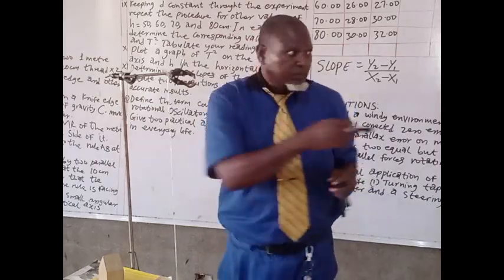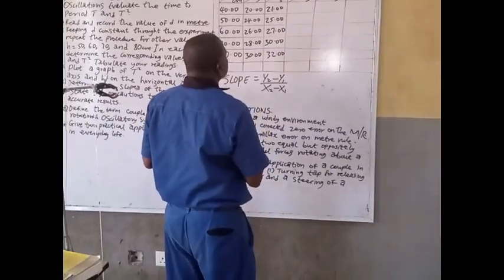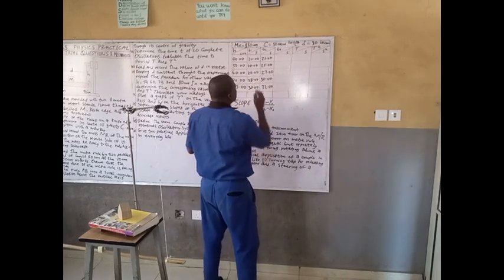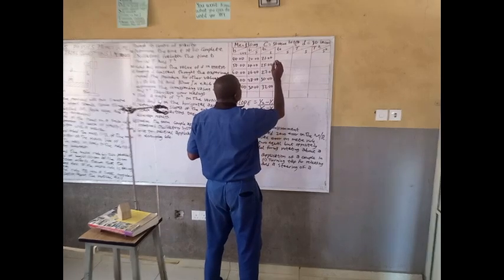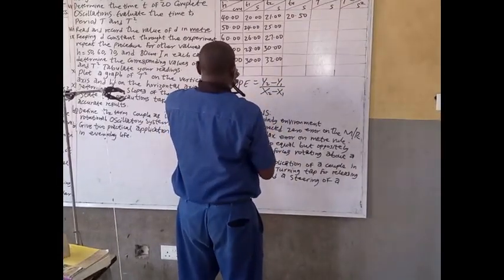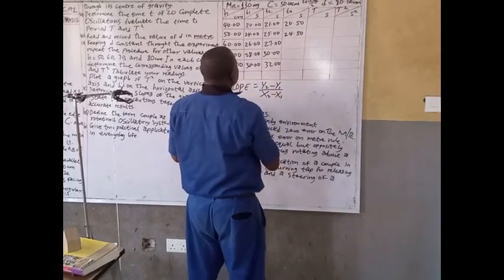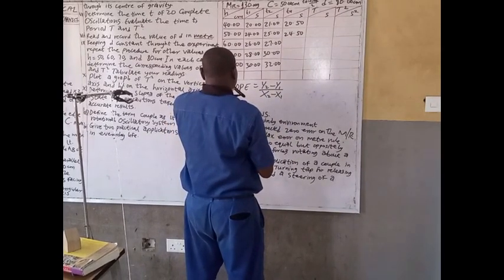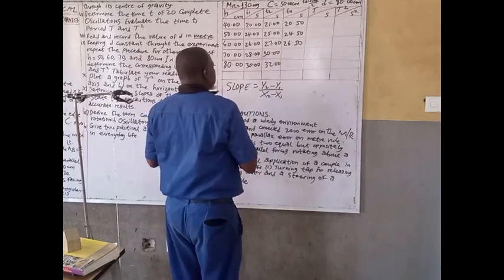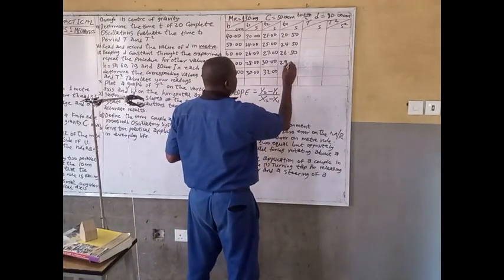Now, having done that, we now want to find the average time taken for the 20 oscillations by adding T1 and T2 and dividing by 2. 20 plus 21 is 41, 41 divided by 2 is 20.50. 24 plus 25 is 49, divided by 2 is 24.50. 26 plus 27 is 53, divided by 2 is 26.50. 28 plus 30 is 58, divided by 2 is 29.00.